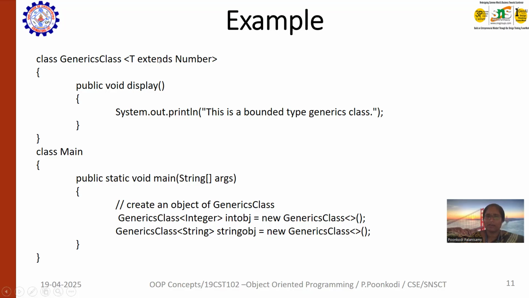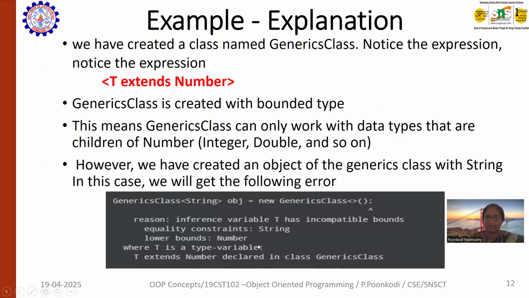Because we have extended this T for the Number class, not for the string class. So it will generate an error message like this: generic class string object, reason: inference variable T has incompatible bounds, equality constraint string. Yes, of course, because we have defined a bounded type for numbers alone, not for the string.